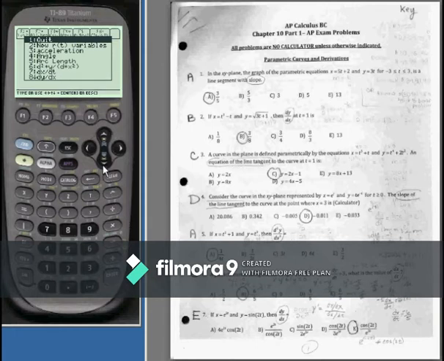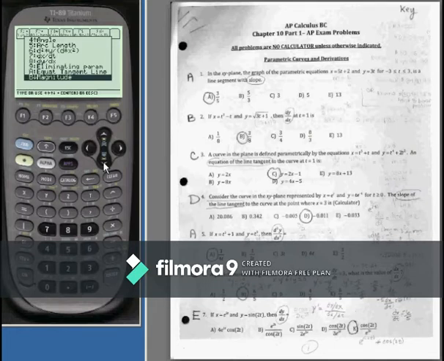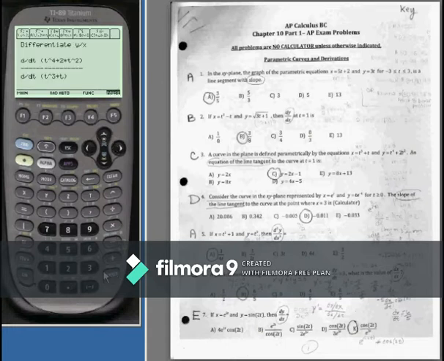Okay, so we're going to scroll down here. There's the equation of the tangent line. Again, y over x. Derivative of y is equal to this, derivative of x equal to this, and we get the result there after we divide.